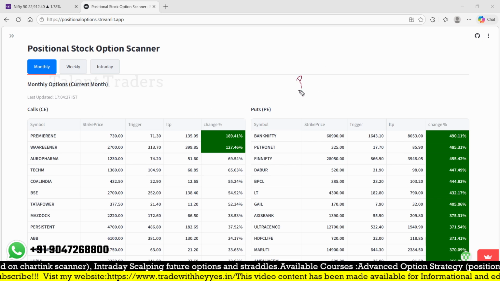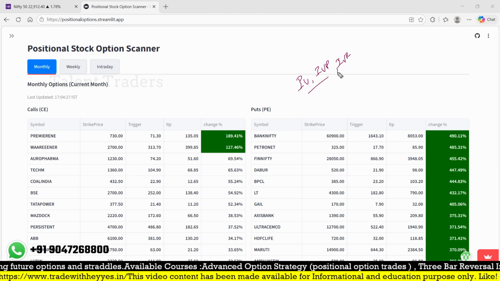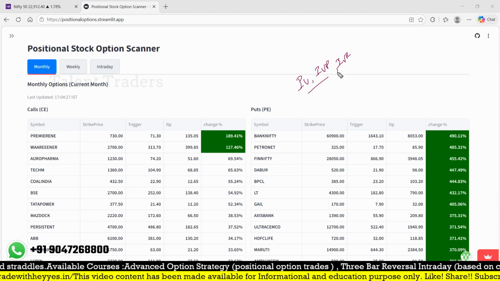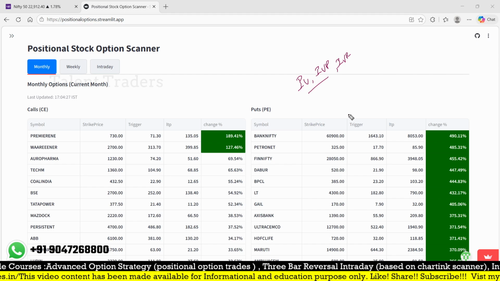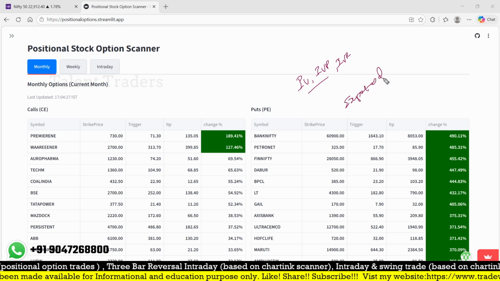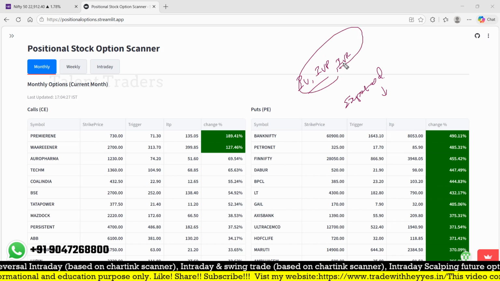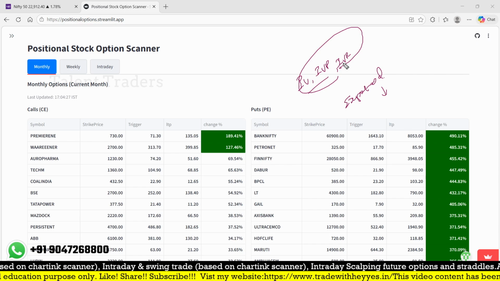We use IV, IVP and IVR. These are the key components for the strategy. We have a formula to calculate the expected range of the stock. After finding the expected range, we use all three together to find the expected range of the stock.